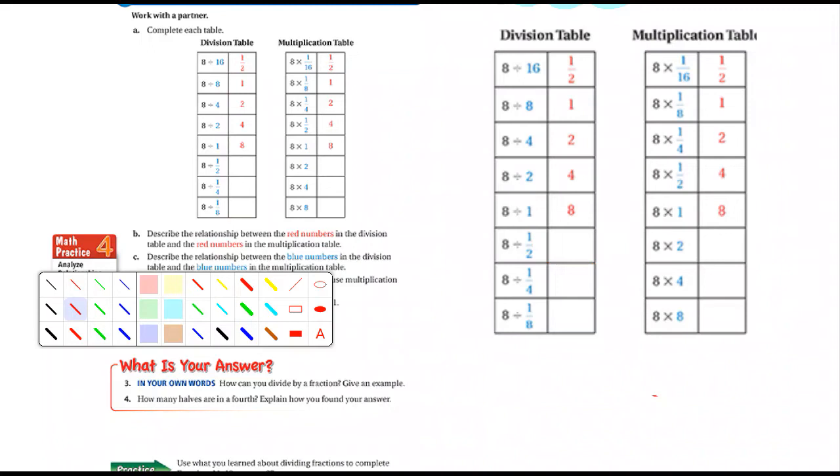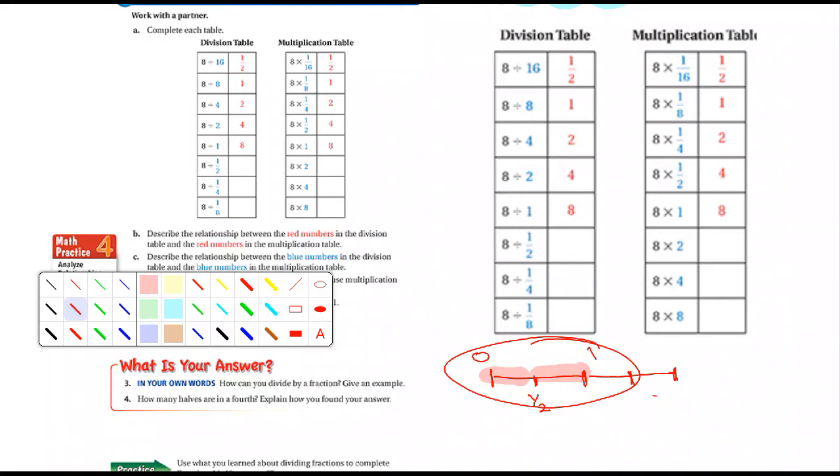Well, let me ask you this. Let's say this is 1 right here. And here's a half. How many halves are there? 1, 2. Because this equals 1, if that's 0, right? So how many halves are in 1? 2. How many halves are in 2? 4.